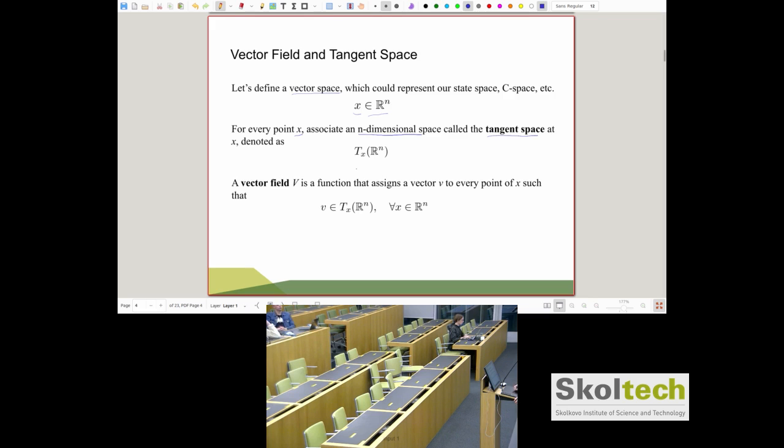So once we have this, what we can do then is define this vector field, right? So the only thing that we are doing is redefining this as each vector. Okay, so how am I defining this? It's a function that assigns to every point of x a vector b such that this vector belongs to the tangent space.